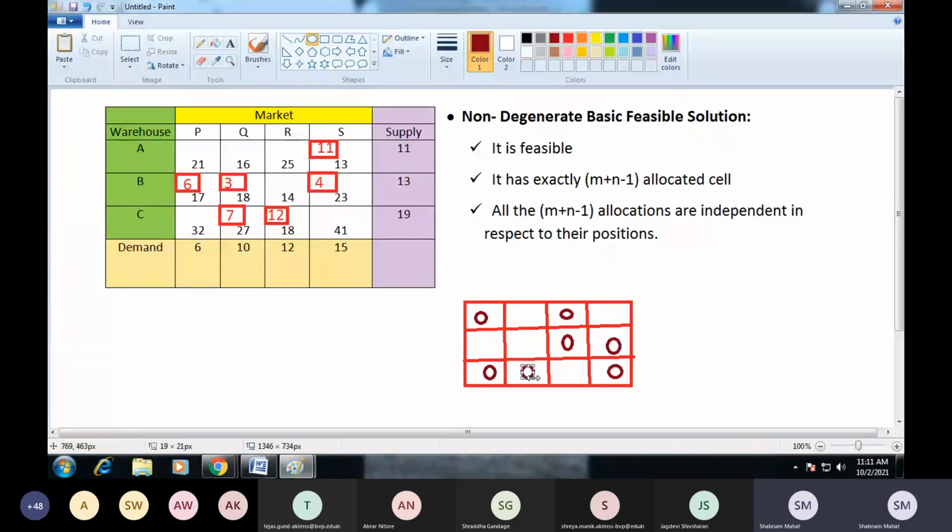Check the allocated cells: if you start from this cell and try to connect all the cells together, if I connect this one, this one, and this one, and again I go to my first cell, that means I make one loop.